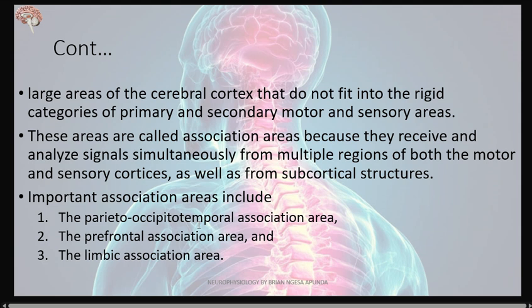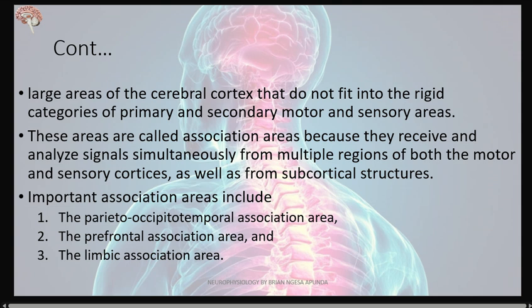So large areas of the cerebral cortex that do not fit into the rigid category of the primary and the secondary motor area or the sensory are normally referred to as the association area, where they receive and analyze signals simultaneously from multiple regions of both the motor and the sensory cortex, as well as the subcortical structures.